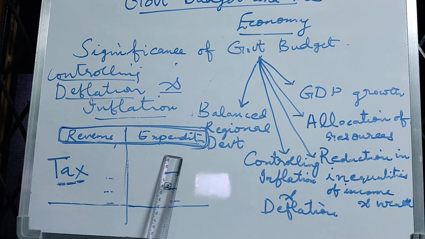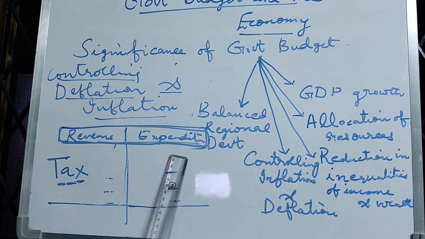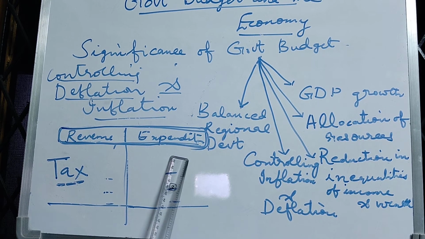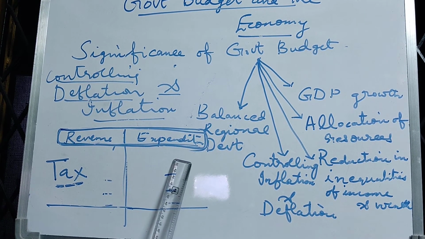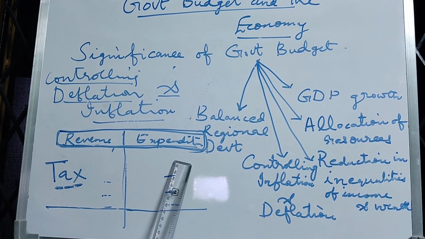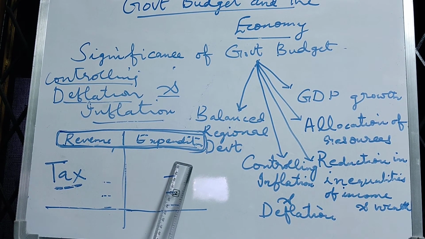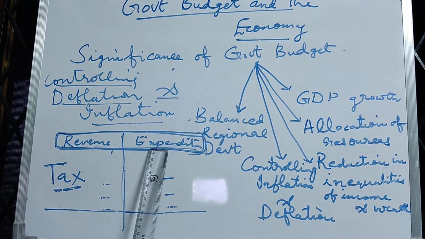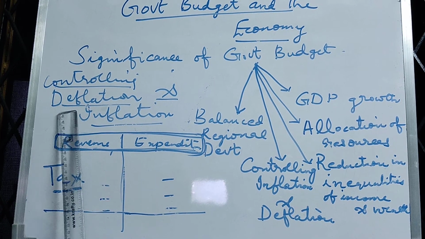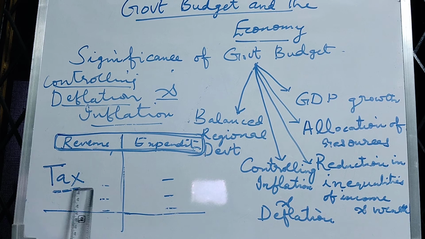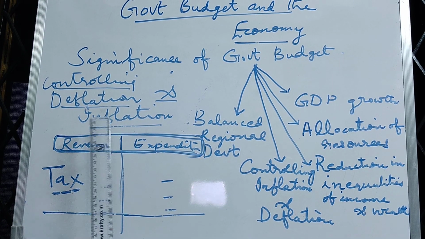The government also provides subsidies to set up industrial establishments and small scale units. This is done to generate employment so that income will be generated. When income is generated, money is pumped into the economy. More people are having more money, so their spending capacity will increase. So through this expenditure policy, deflation is corrected, and through the taxation policy, inflation is corrected.